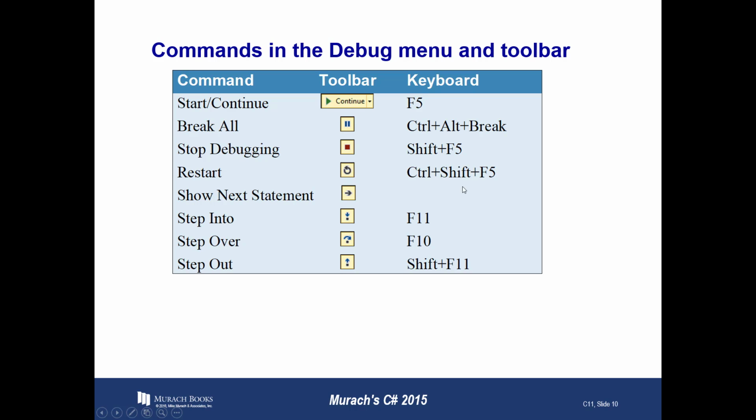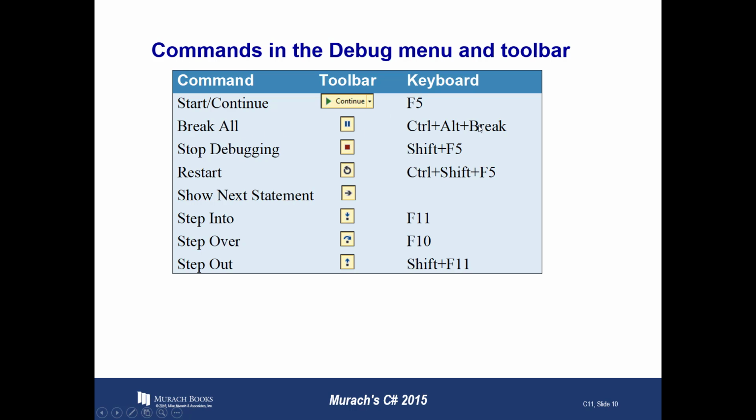If you hit F11 to step into it a line at a time, and you've stopped and you want to continue on, or even more important, if you've hit a breakpoint and now you want it to continue, you typically click here or press F5. I've always found it's easier to click the arrow than to remember F5, but either one will work.